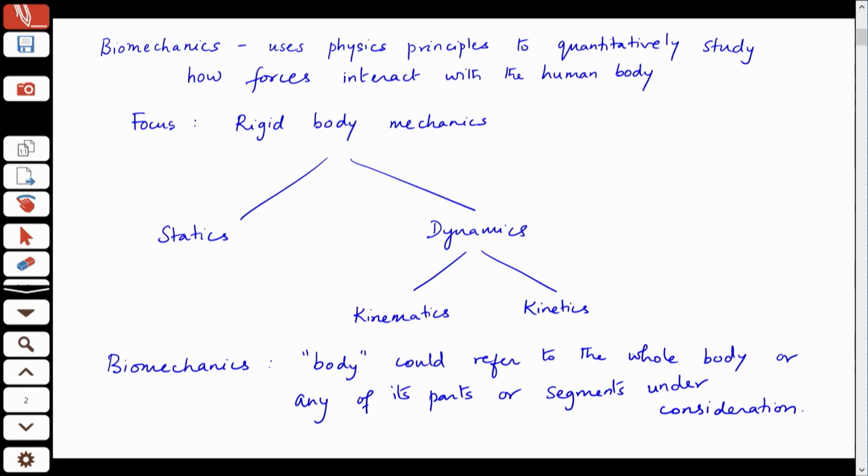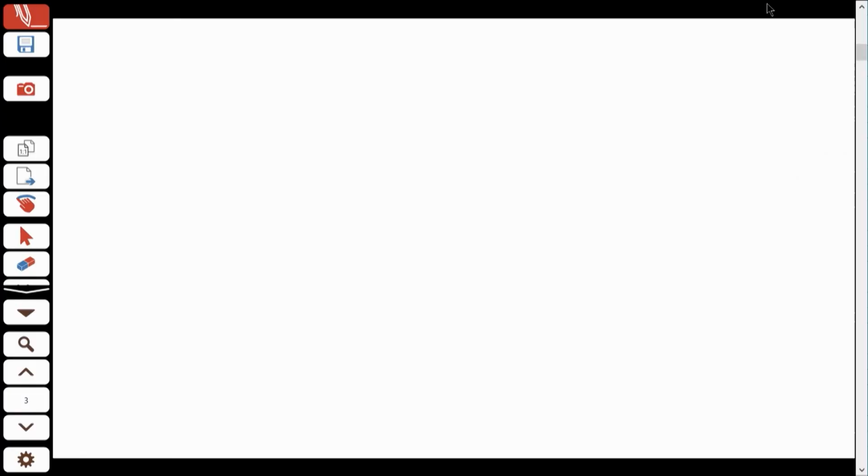So, if we are looking at forces in the arm for instance, or if we are studying the arm, then if I talk about the body there, I am only talking about the arm itself, not the entire body. When we talk about positions or movements, we always talk about it in terms of some plane of reference. You have to have something with which you are making the measurements. So, in the case of the human body, we have something called the anatomical reference planes.